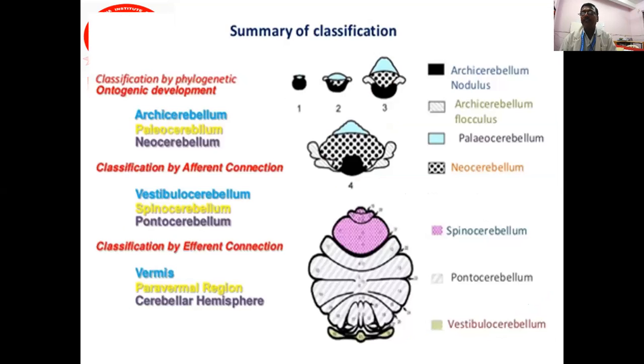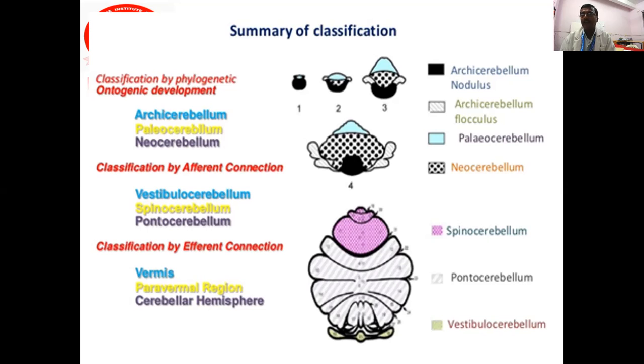Now, summarizing all these classifications, this picture shows all the classifications based on the anatomical, phylogenetic, and functional divisions. All the three classifications are given in these pictures. So from the first onwards, phylogenetically again archicerebellum, paleocerebellum, neocerebellum, and functionally vestibulocerebellum, spinocerebellum, and pontocerebellum.